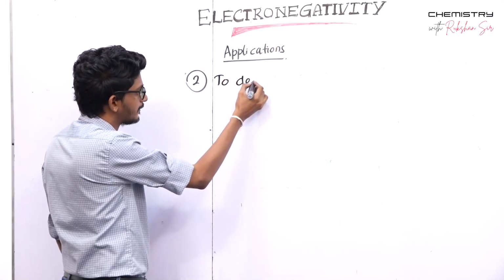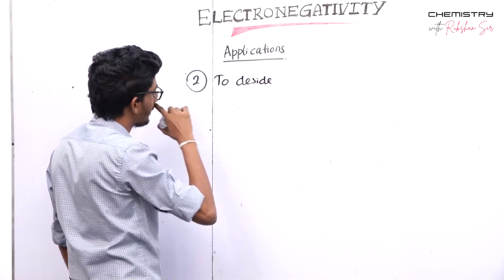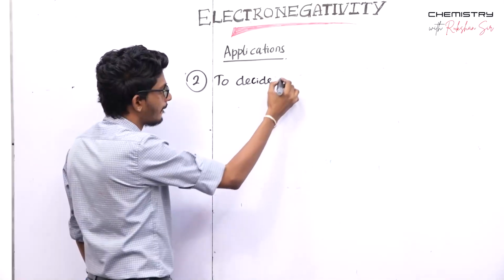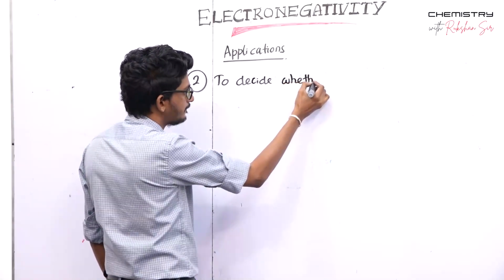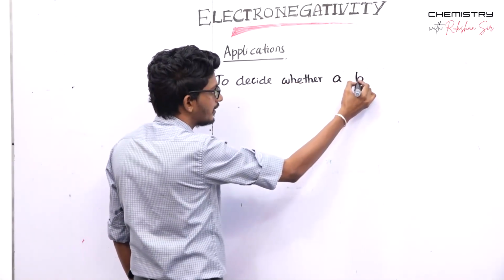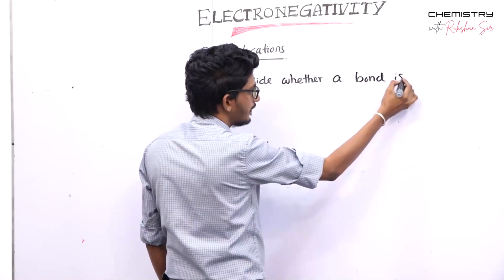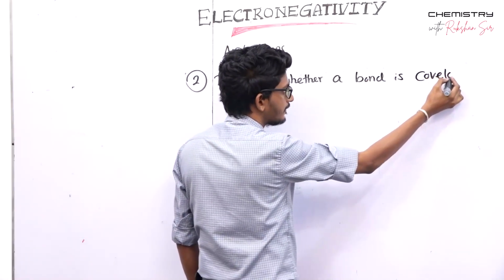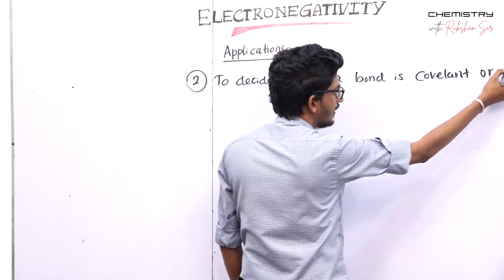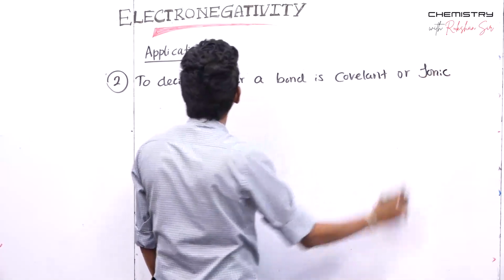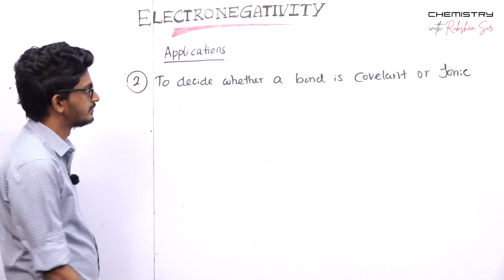To decide whether a bond is covalent or ionic, we use the electronegativity data.